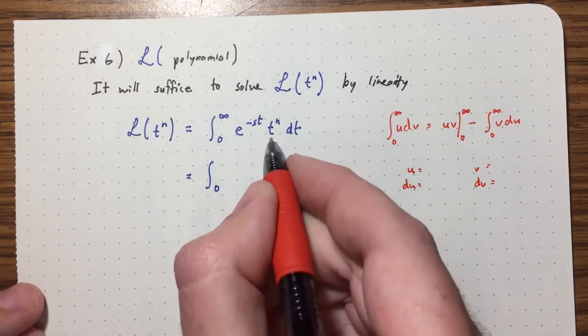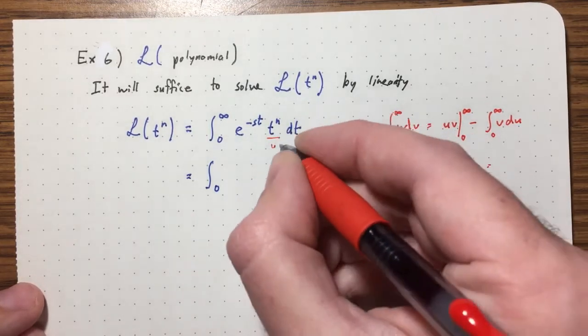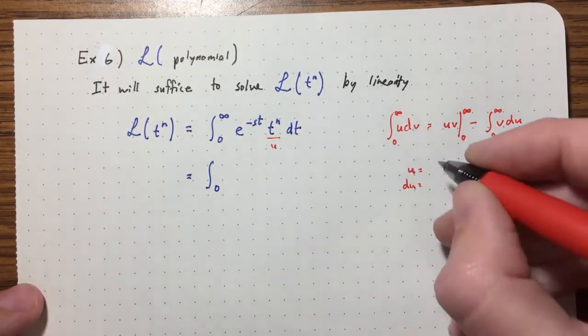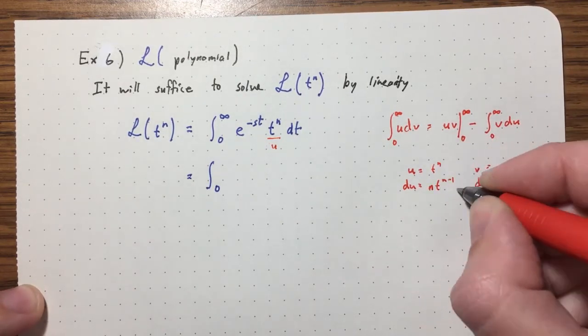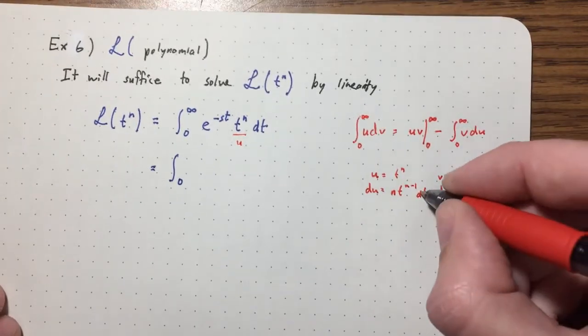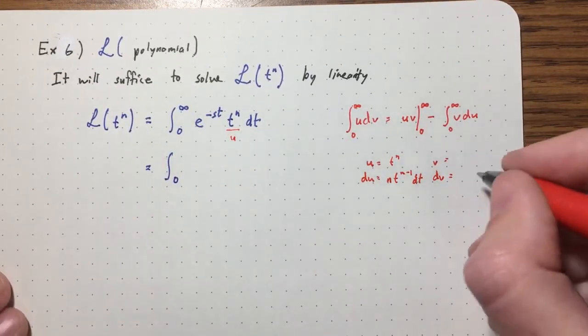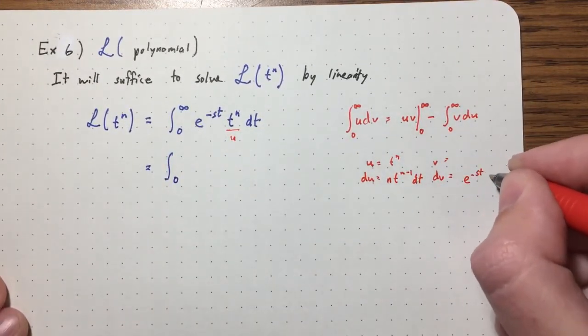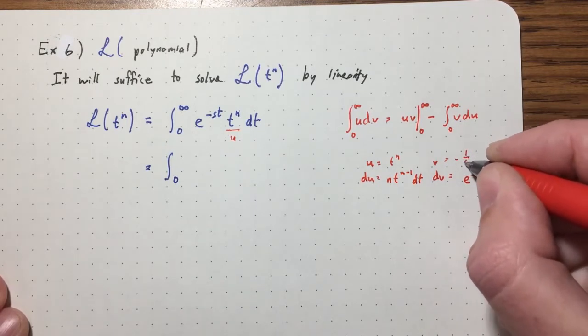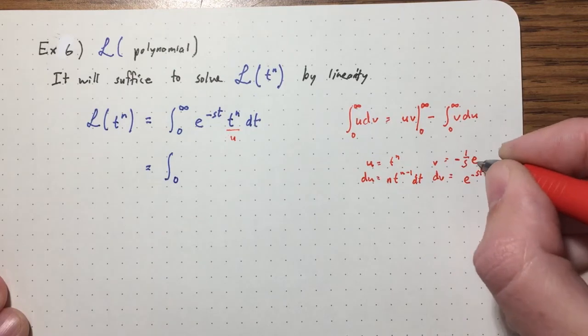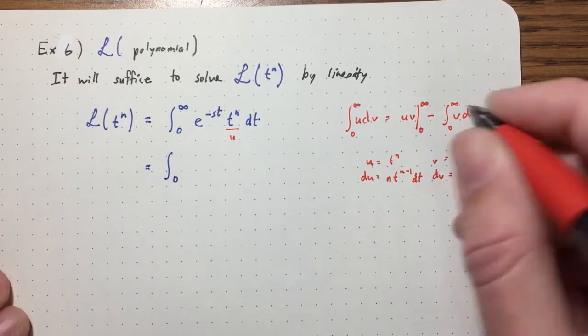So this one here we should choose to be u. That's t to the n, which means du is n times t to the n minus 1 dt. Which means dv is the rest of it. And we've already determined what v has to be. It's minus 1 over s e to the negative st.